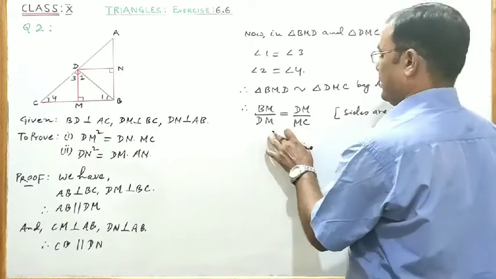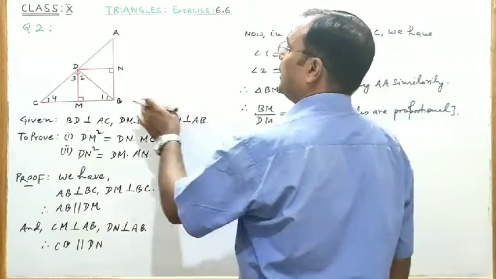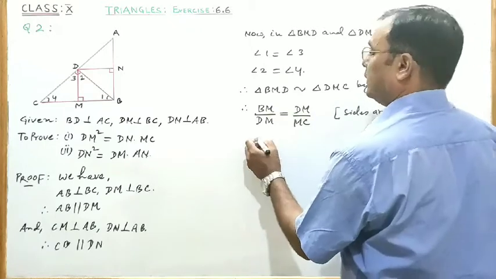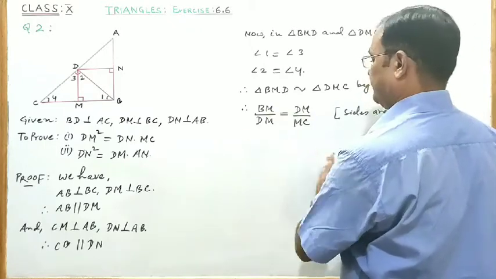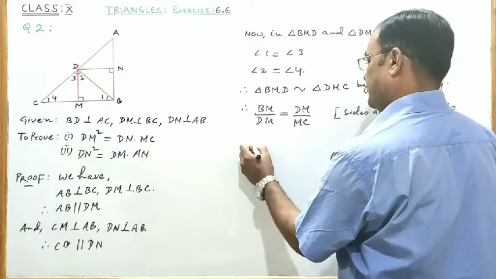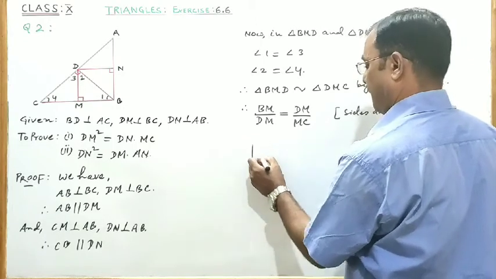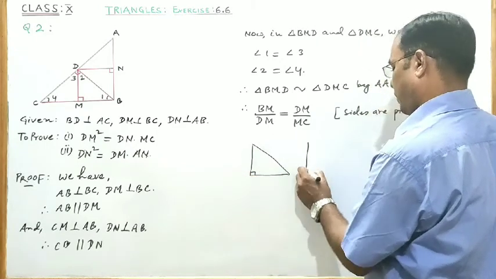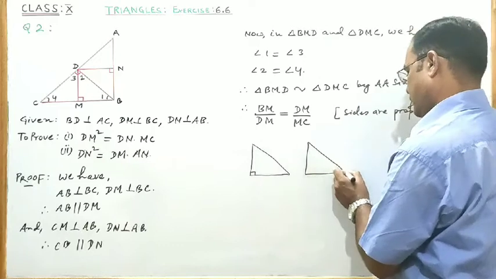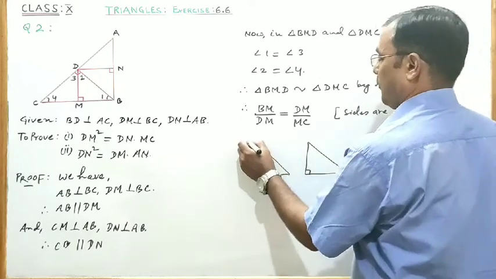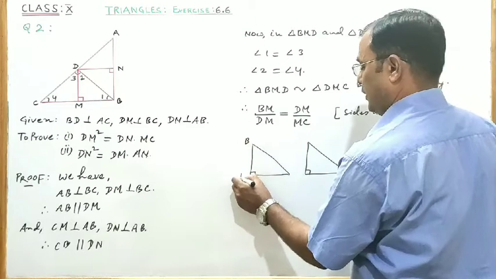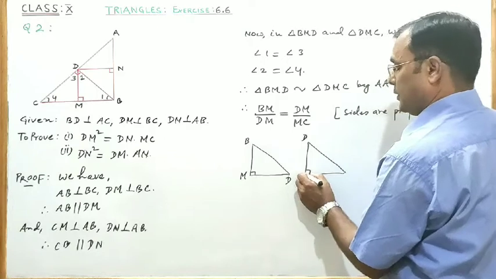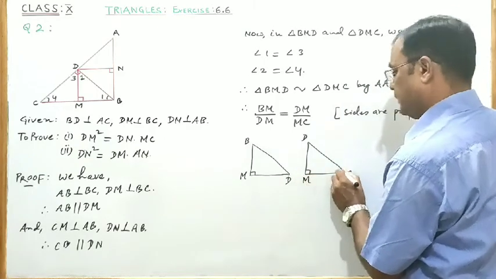To understand this proportionality of sides in two similar triangles clearly, let us draw two triangles separately like this. BMD and DMC.